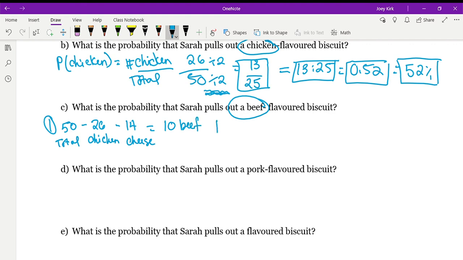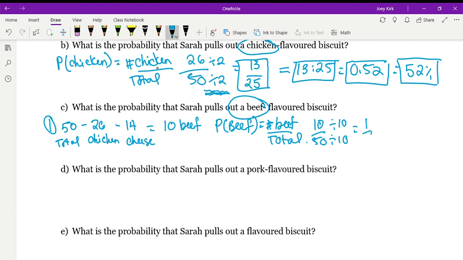So the probability of getting a beef-flavored biscuit is going to equal the number of beef over the total. The formula doesn't change, okay? So how many beef biscuits do I have? I have 10 over my total, which is 50. Got to make that smaller, so I'm going to divide both top and bottom by 10.